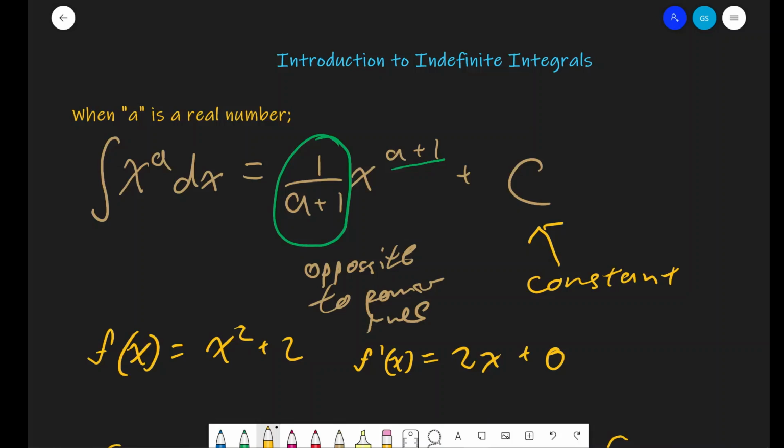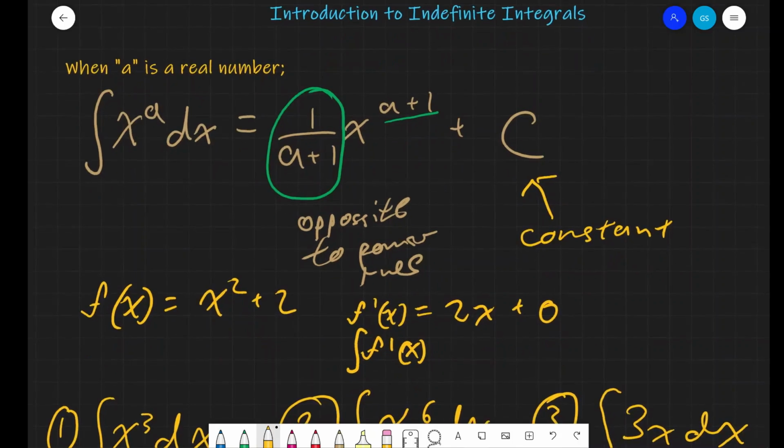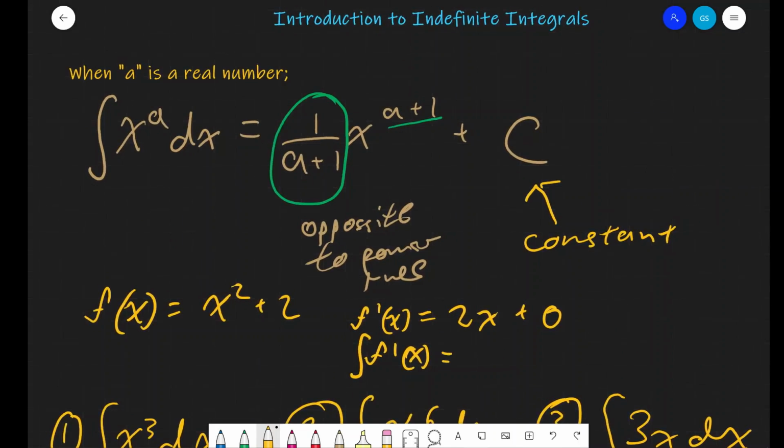Now, if we wanted to get f of x back, you could integrate the derivative, because integration is the opposite of differentiation. Integration is like going up in an elevator, and differentiation is like going down in an elevator. The exponent keeps decreasing for differentiation, but for integration, the exponent increases. So if we integrated f prime of x, that would be the integral of 2x dx.